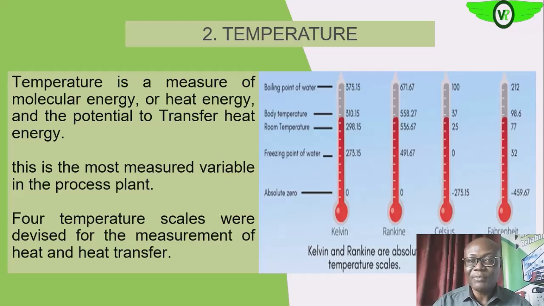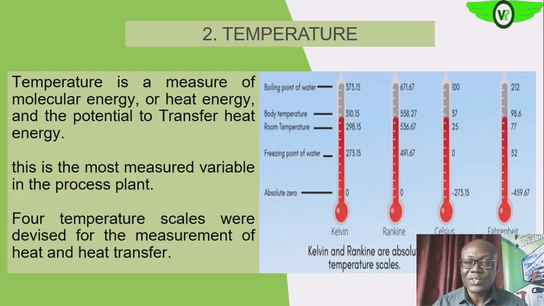So we basically have 4 temperature scales. 2 of them are the most popular, the Fahrenheit and the Celsius scales. We also have the Kelvin scale and the Rankine scale. The Celsius and Fahrenheit scales are the most popular in the process industry today.